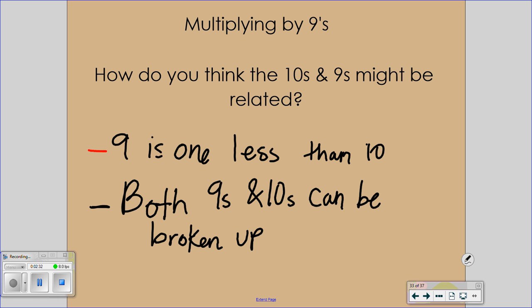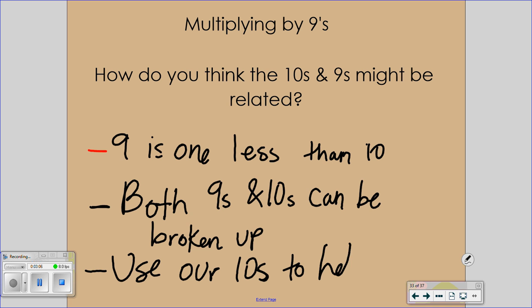If you count by 9 and 10, you count by 1, and get stuck on the order, you can just count 2 times. Okay, so we can use what we know about our 10s to help us figure out our 9s because they're so close together.